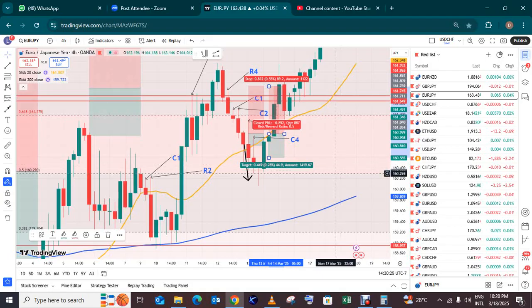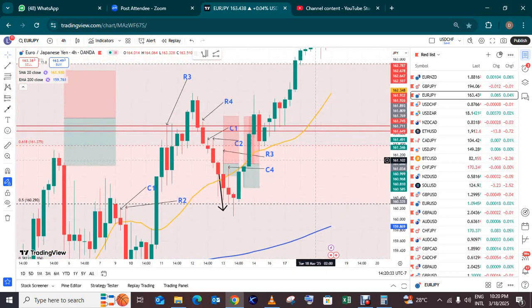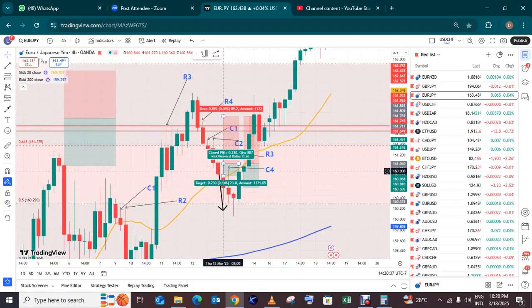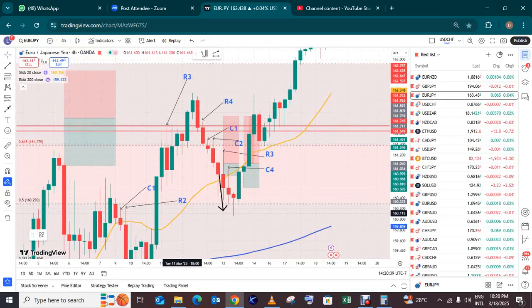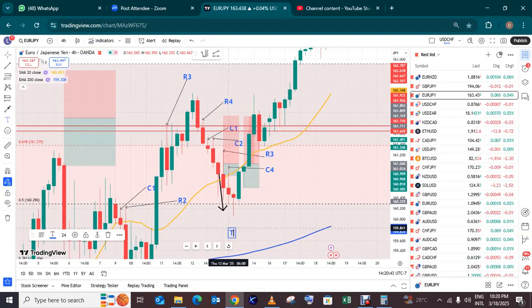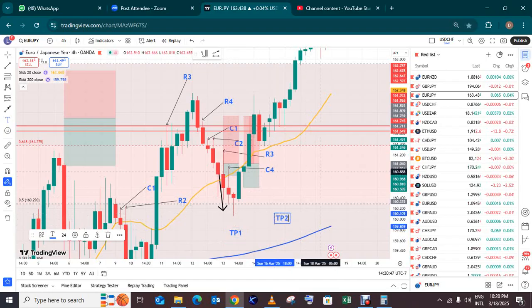Great. So now if you look well, you can see we've set up our TP1, which is here. This is our TP1, and this is our TP2. We're going to focus on these for now.